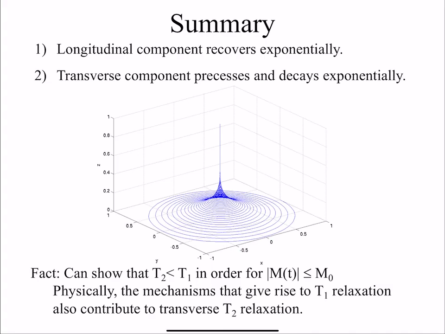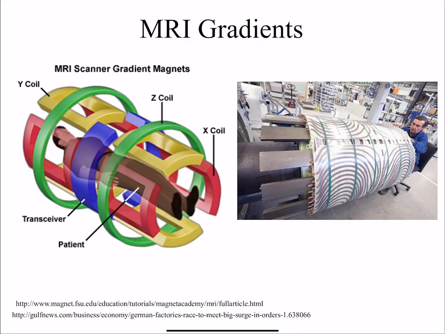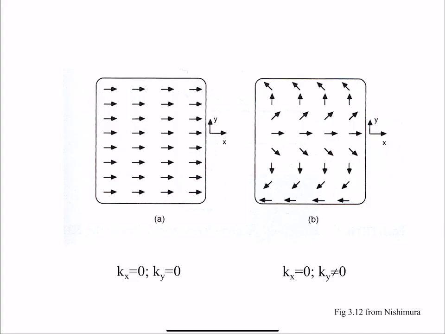All right, so what we want to spend most of the time today on is the gradients and what the gradients do, and we want to review what they're there for. Remember, the gradients are what allow us to have these spatially varying patterns of the spins.